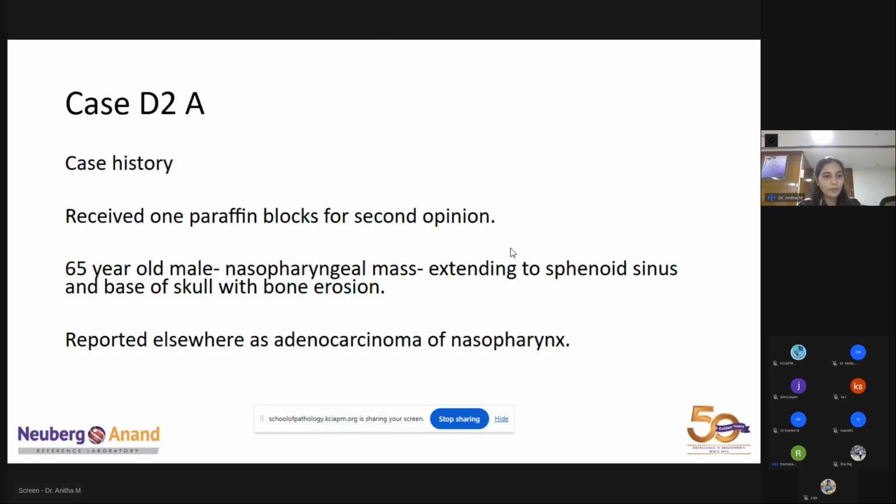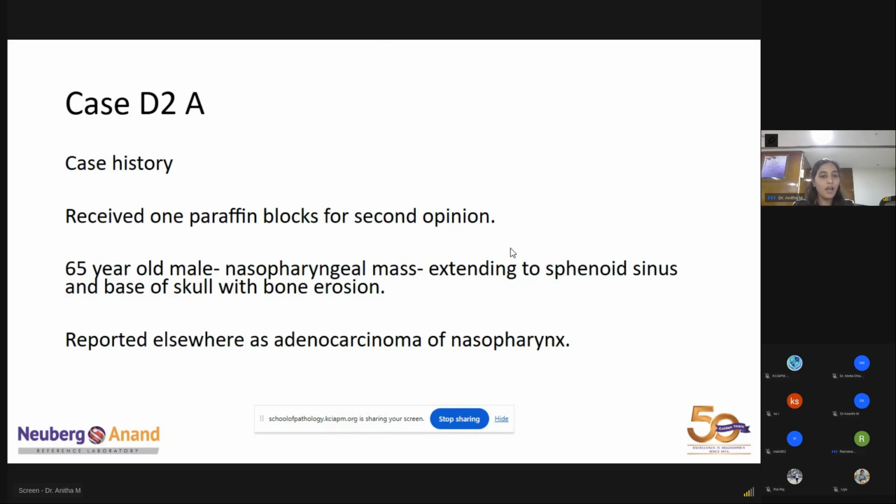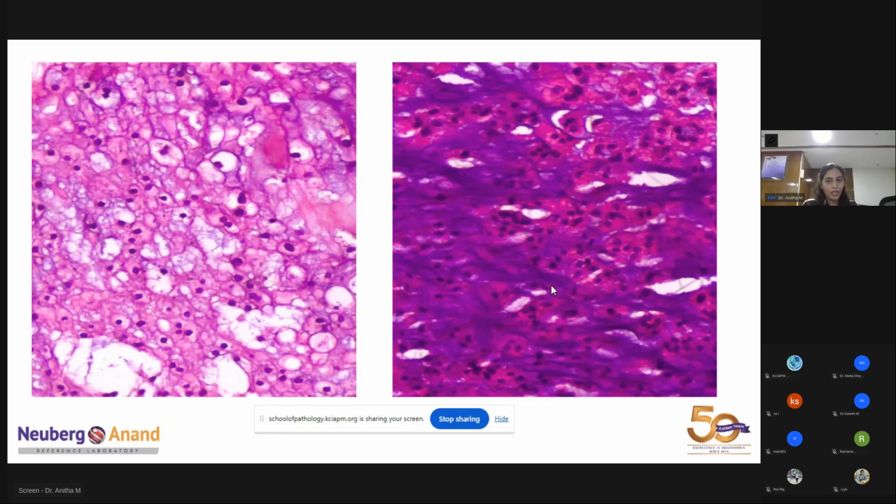Okay, thank you, Dr. Rachna, for the presentation. This case is very interesting. Actually, D2A and D2B are slightly overlapping, with only one or two morphological features to differentiate between these two entities. This case is a 65-year-old male presented with a nasopharyngeal mass extending to the sphenoid sinus and base of skull with bone erosion. This slide came for second opinion, and the outside report is adenocarcinoma of the nasopharynx.